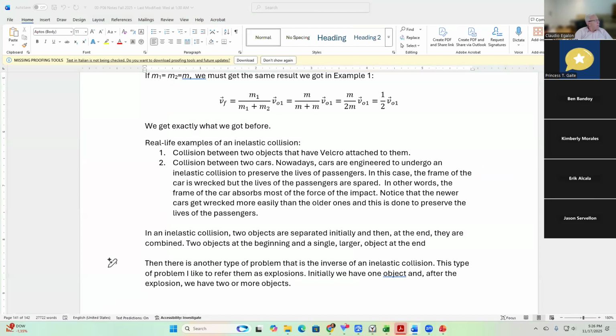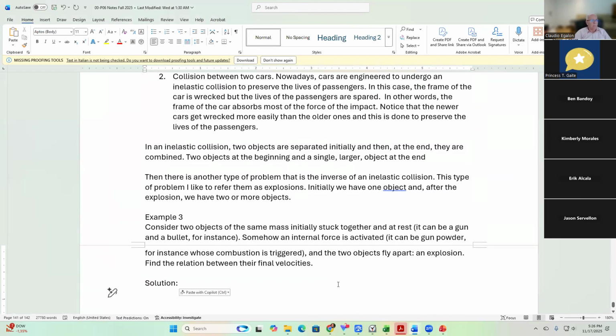That's going to be example 3. Two objects of the same mass initially stuck together and at rest. Can be a gun and a bullet, for instance. Somehow an internal force is activated. Can be the gunpowder that's triggered. And the two objects fly apart.